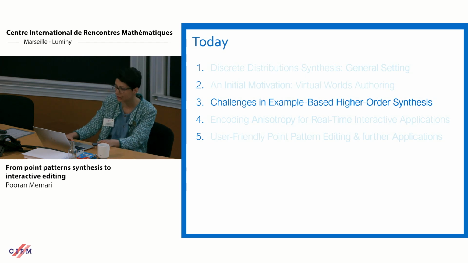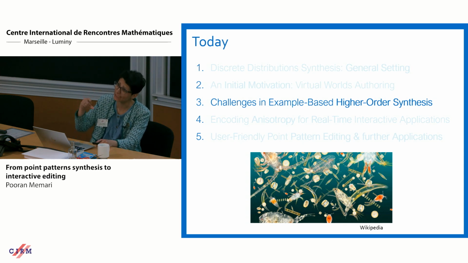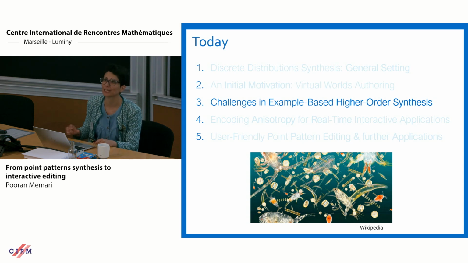really high-order synthesis. How to consider now really complex data such as this one, where you have not only different classes, but also different scales. In the same class, you can have different scales, different orientations, they can overlap, etc. That was, I remember, the very challenging example that we gave ourselves.